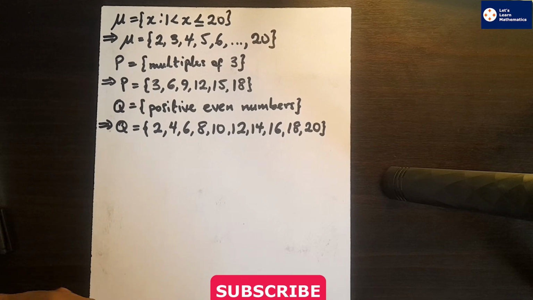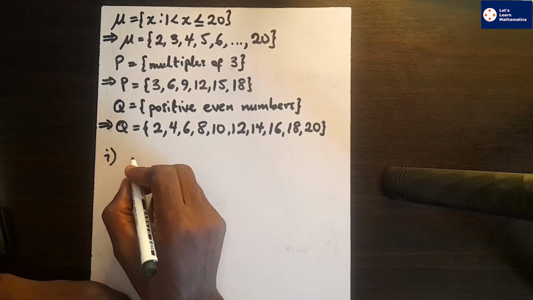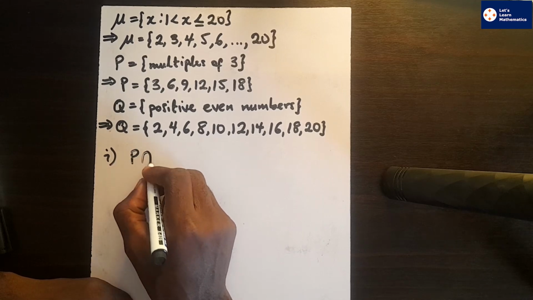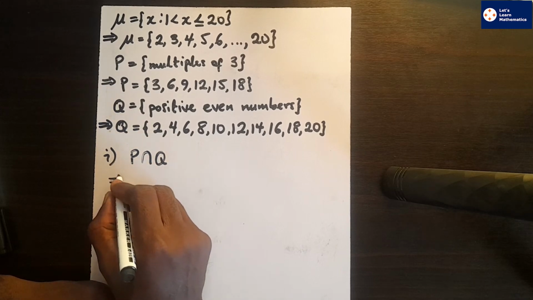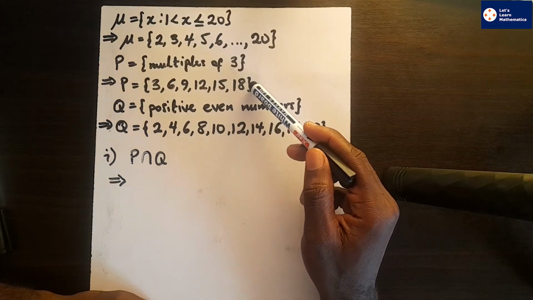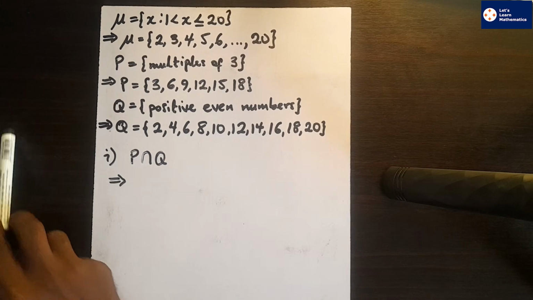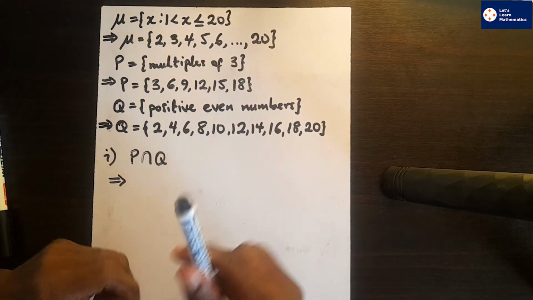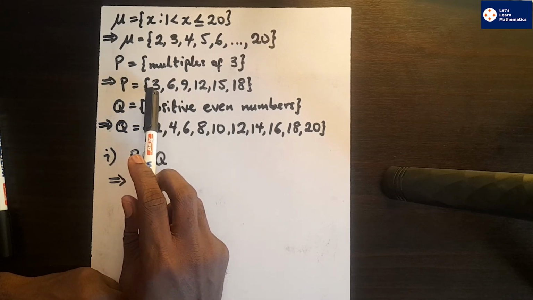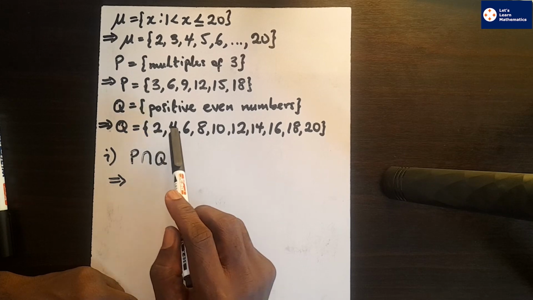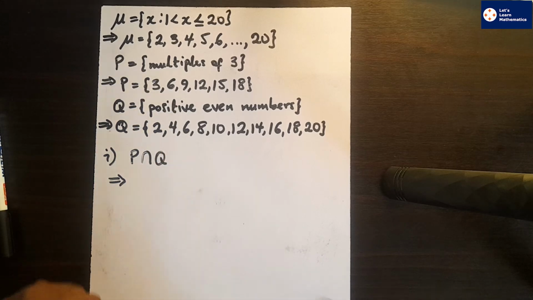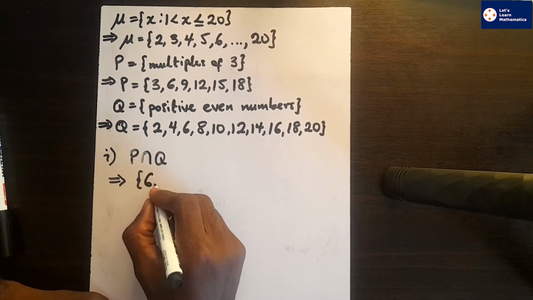Then the first question, I. It says we should list the elements in P intersection Q. P intersection Q means the elements that are present in P and at the same time in Q. 2 is in Q, but 2 is not in P. 3 is in P, but 3 is not in Q. 4 is in Q, but 4 is not in P. So the first element is 6.